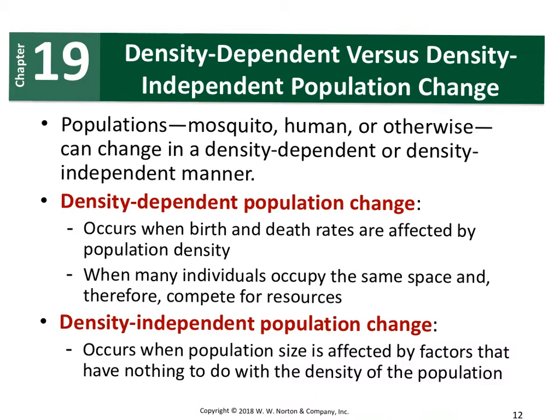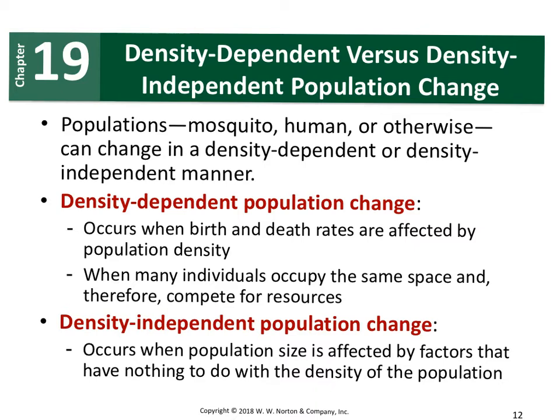Human or otherwise, a population can change in a density-dependent or density-independent manner. So density-dependent population change occurs when births and deaths are affected by population density, much like the S-shaped curve.